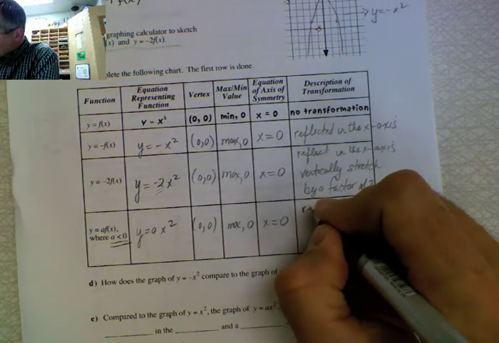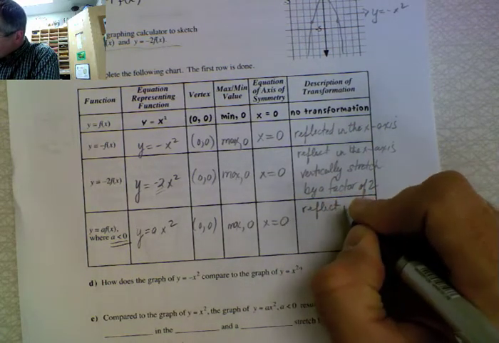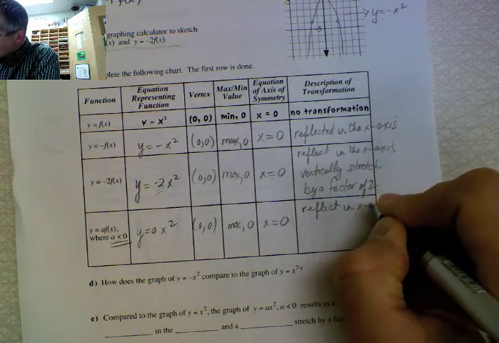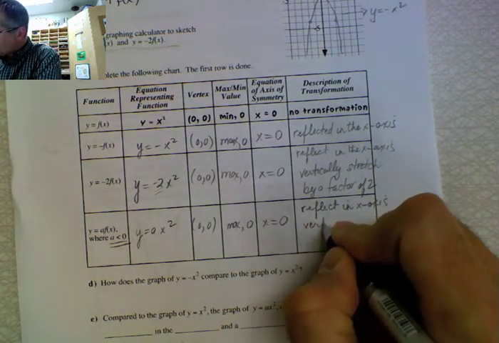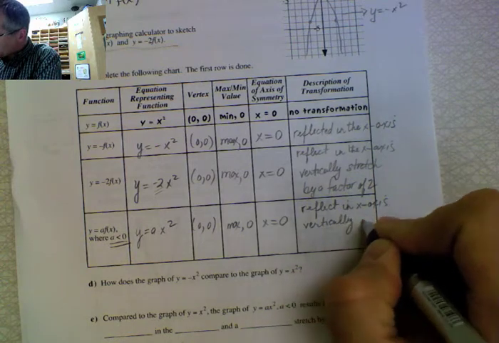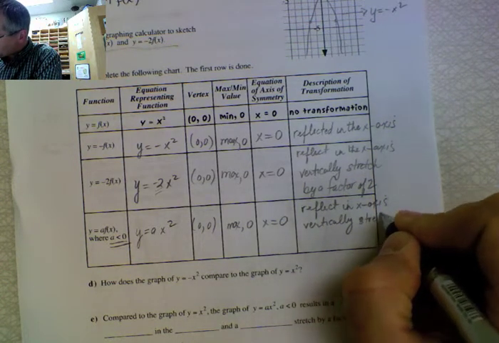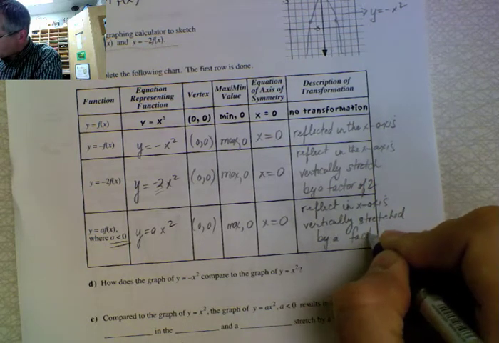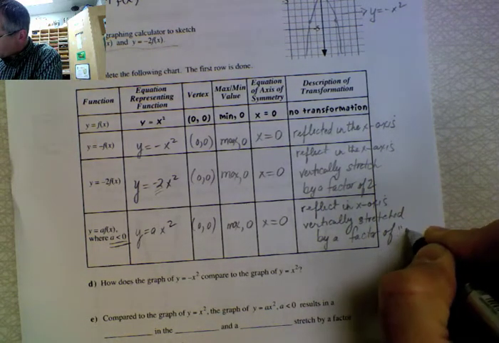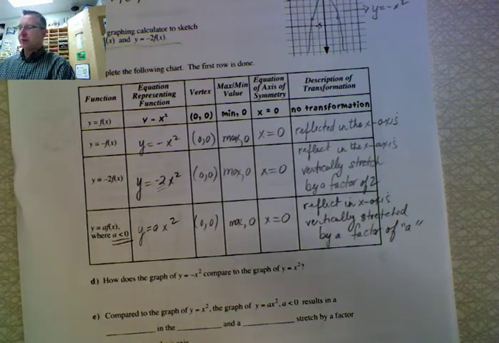And no matter what value we have for a, it's going to be reflected in the x-axis, and it's going to be vertically stretched by a factor of a. So it could be 2, 3, could be a half, whatever it is.